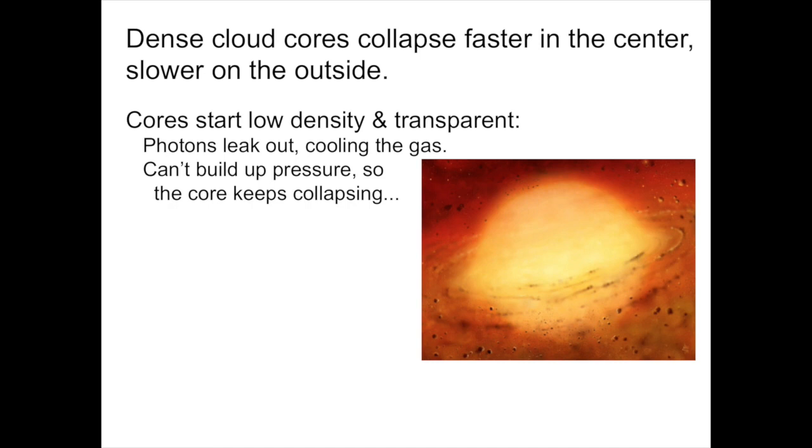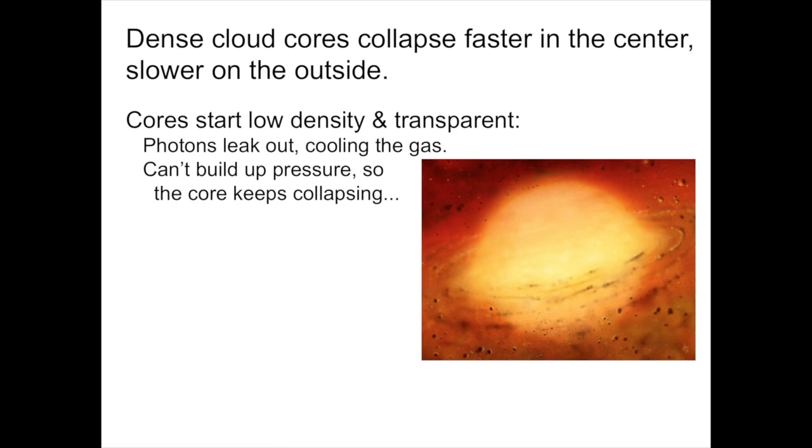If photons are produced in the hot gas in the interior, these photons can random walk their way out of the cloud, leaking out, carrying away heat, causing that gas, which is being heated by compression, to cool. If the gas cools by radiating away energy, it can't build up pressure to counterbalance gravity, and so the core keeps on collapsing.